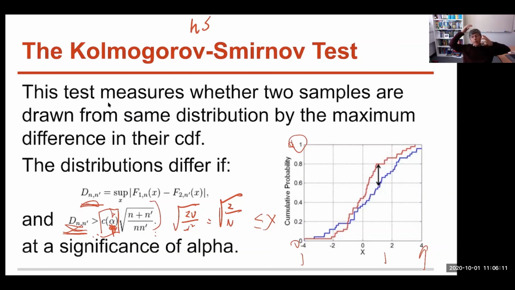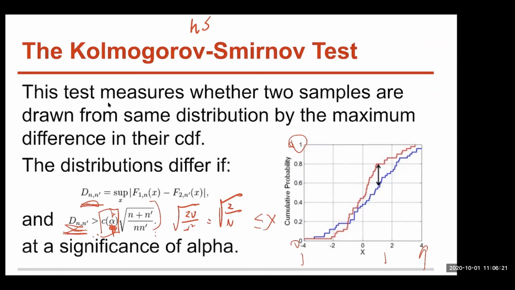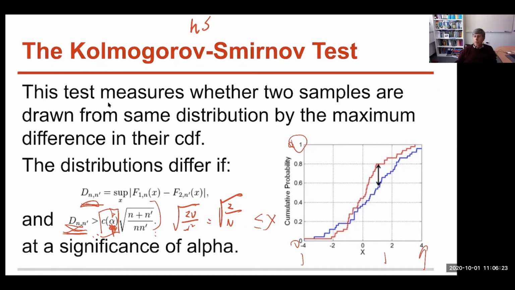Second, it's checking the entire distribution, not just the mean and the standard deviation. It's not just whether the means are the same, it's whether these really are the same distributions. Any questions about that?